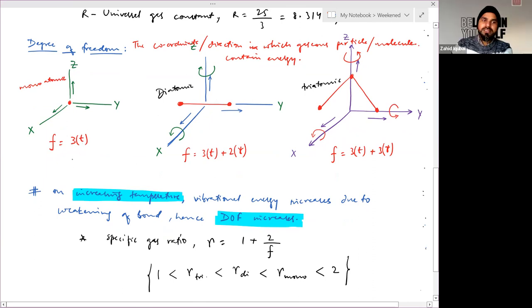You may write this: T is for translational.